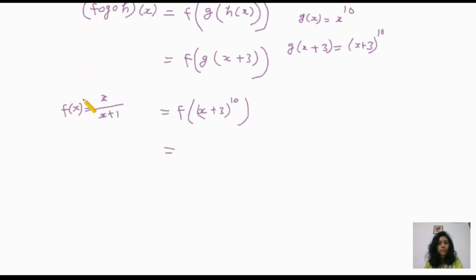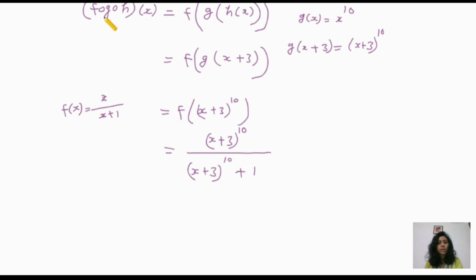So here x plus 3 to the power 10 in the numerator, and x plus 3 to the power 10 plus 1 in the denominator.